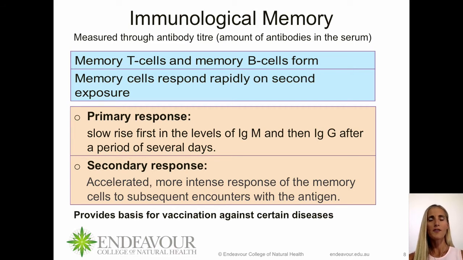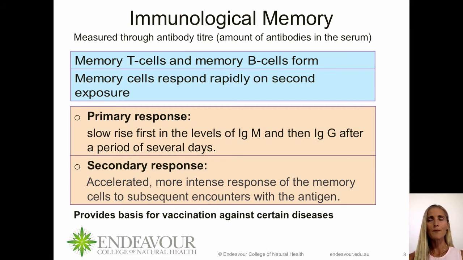So, for example, in the primary response, IgM and IgG are two types of antibody secreting plasma cells. In their inactivated state, B cells express IgM. And once they're activated, they can express different types of antibodies, including IgA, IgE, IgG, or they can retain their IgM expression.